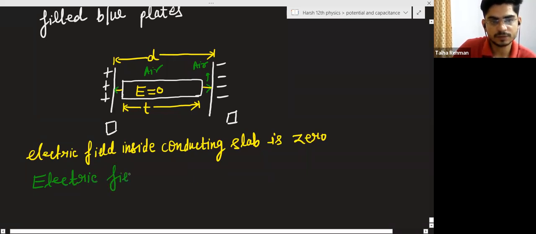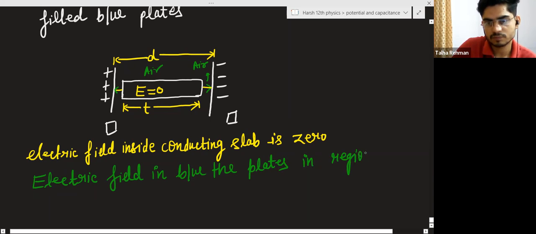The electric field between the plates in the region of air, I am supposing, is E. You can say here EC.